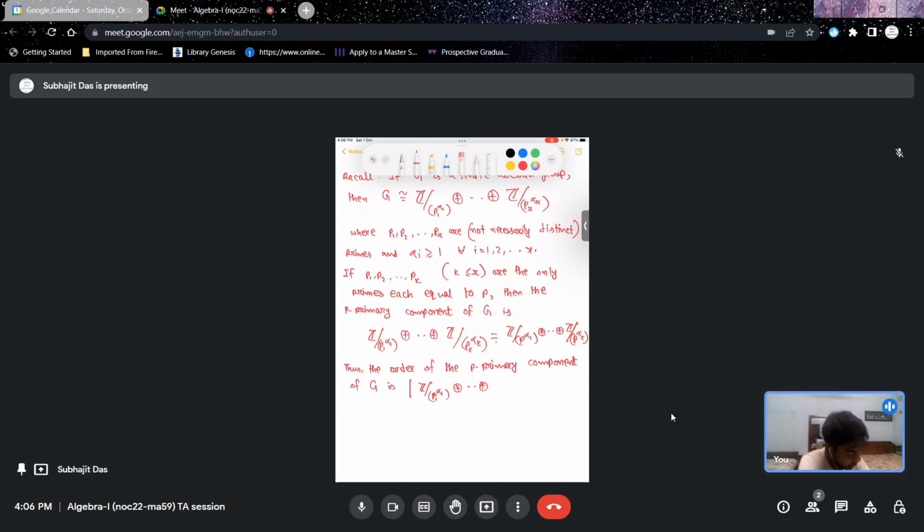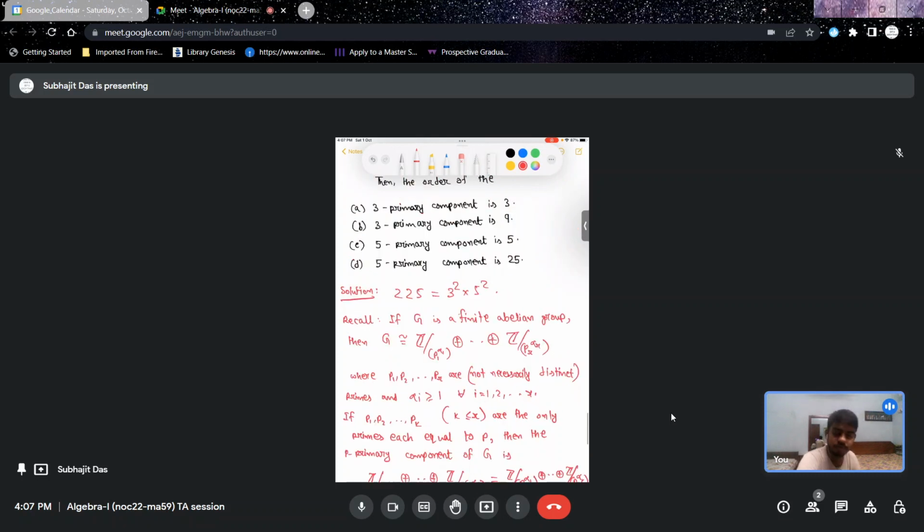This is p to the power alpha 1 plus ... plus alpha k. So this is the order of the p primary component of G, that is, the highest power of p dividing the order of G.